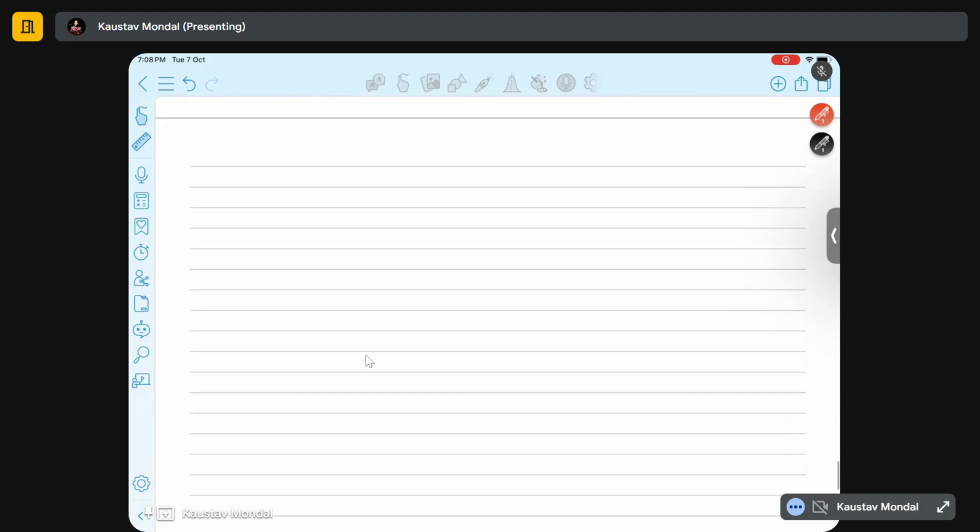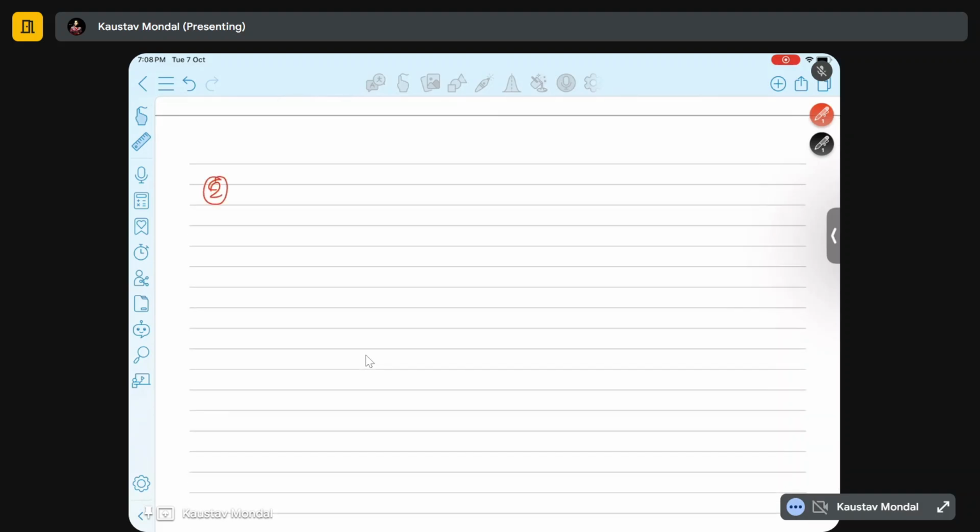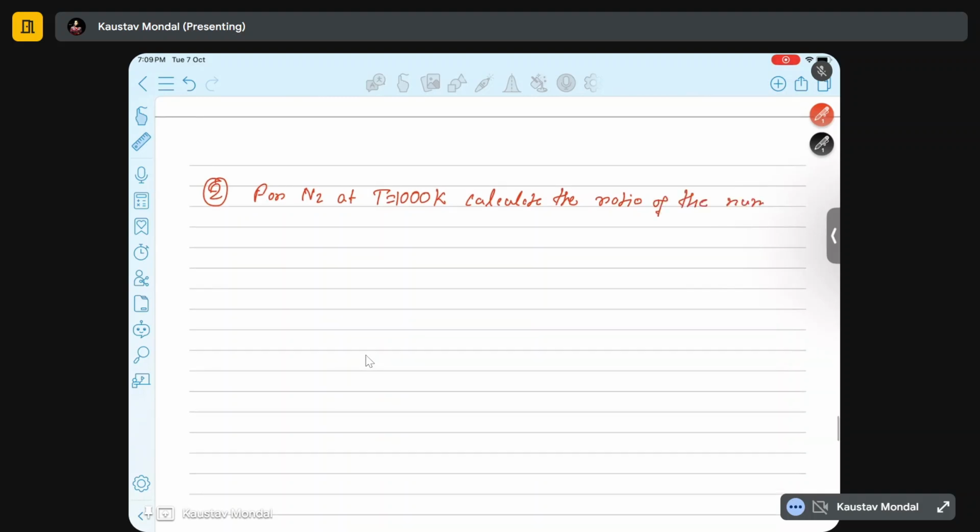So problem number 2, for NO at T equal to 1000 Kelvin, calculate the ratio of the number of molecules in the states.